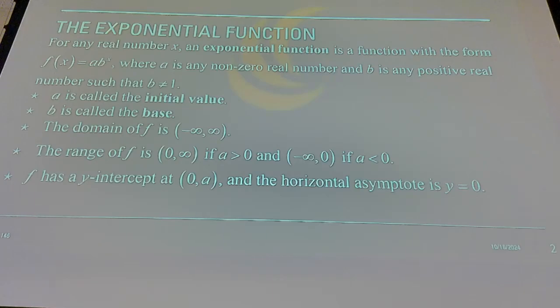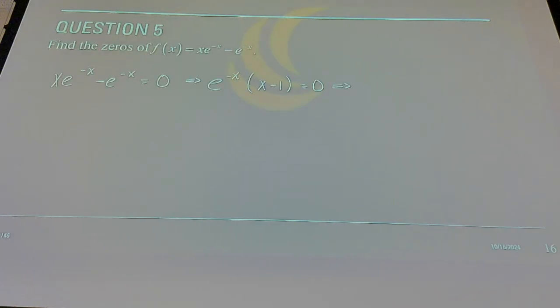Is 0 included? E to the minus x is never 0. Which means I'm allowed to divide by it, because it's never 0.